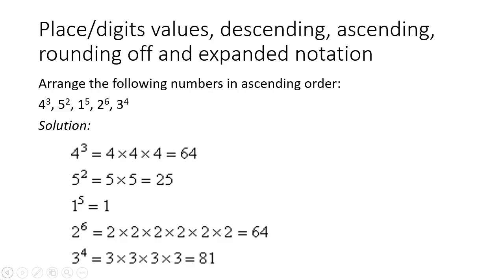So for example, the first one is 4 to the power 3, that means 4 times 4 times 4, that is 64. Then you have your answer there. The second one is 5 to the power 2, that gives you 5 times 5, which is 25.